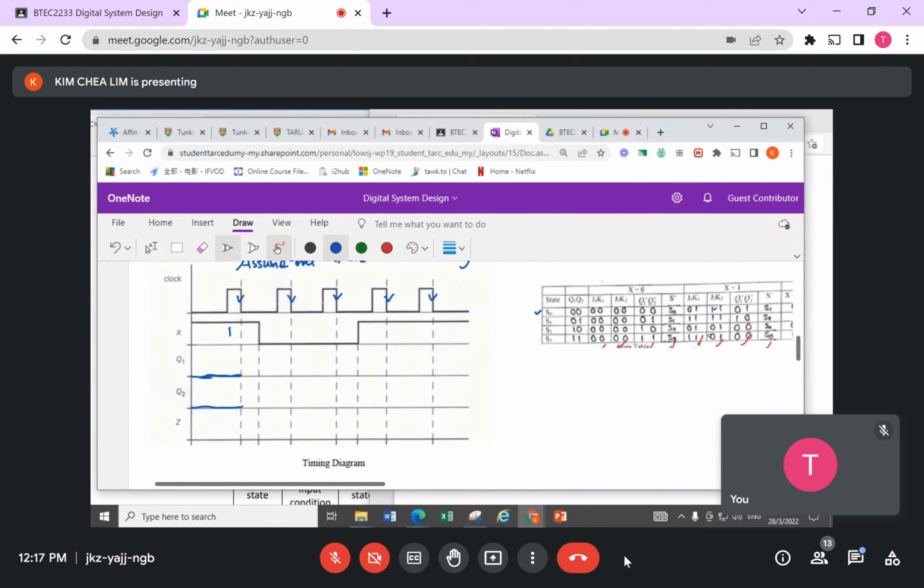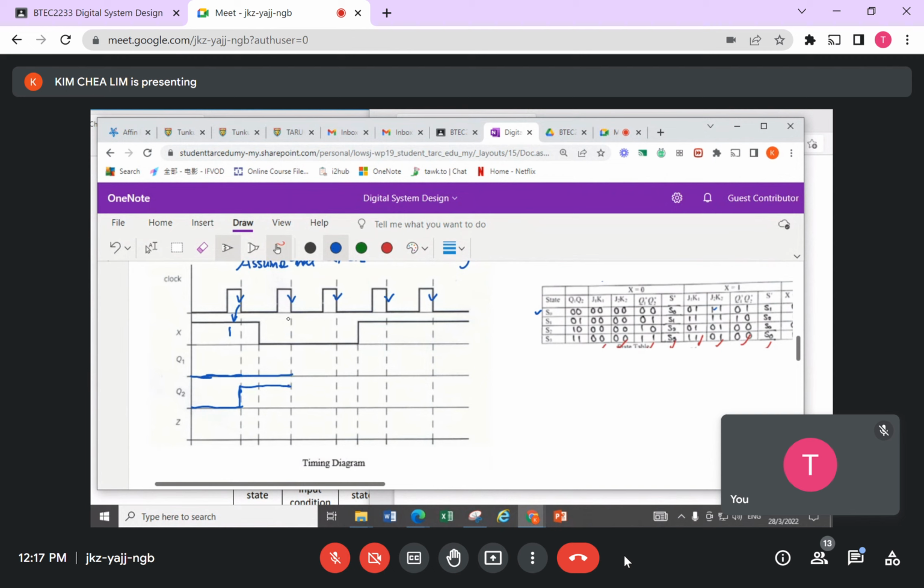So this is Q2, this is Q1. When X is a 1, initially 0, 0, the next state will be 0, 1. So for Q2 it will be a 1, and for Q1 it still remains as 0.